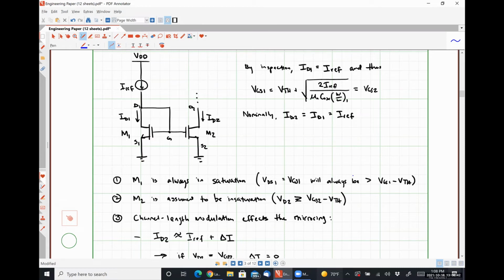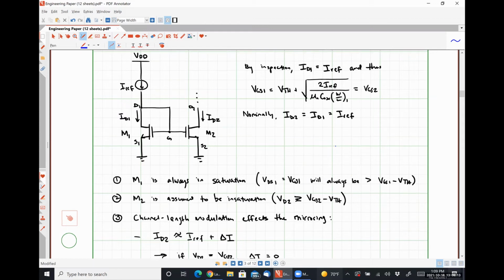Because M1 has a current of Iref flowing through it, a voltage of VGS1 must drop over it, right? Where VGS1 is given by this. So that's VTH plus what's effectively VD sat, or the overdrive voltage. So transistor M1 is going to be operating in saturation, but it's more in saturation than it needs to be because we have some overdrive voltage there, right?